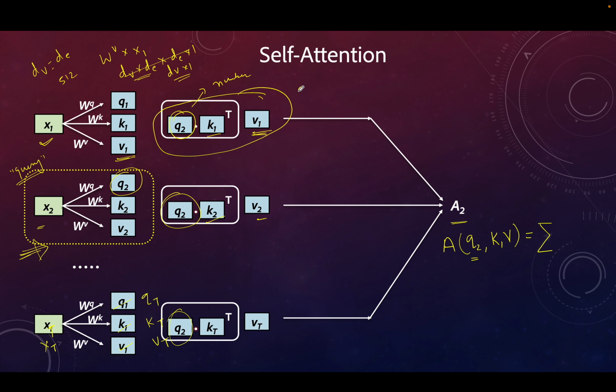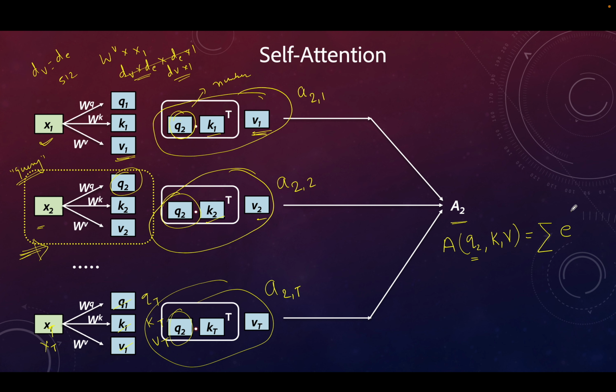So let's call this term A21, this whole term A22, and this whole term A2T. So this will be softmax of this.